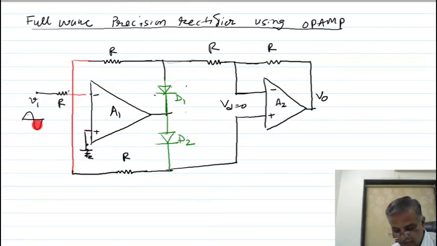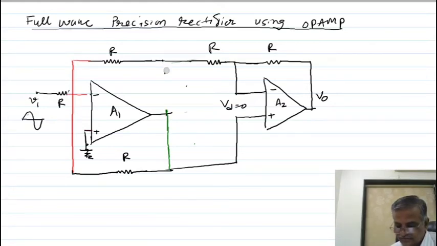When the negative half cycle comes at Vi, the output of A1 is positive, so diode D2 conducts and D1 does not conduct, so I will show an open circuit like this. This is your open circuit. I think you understand.